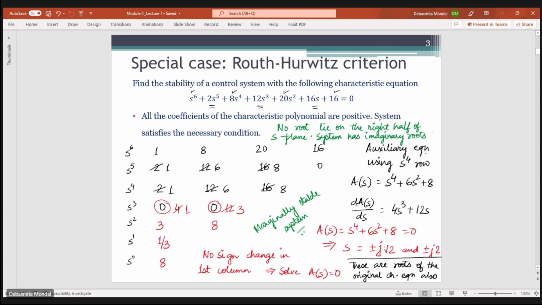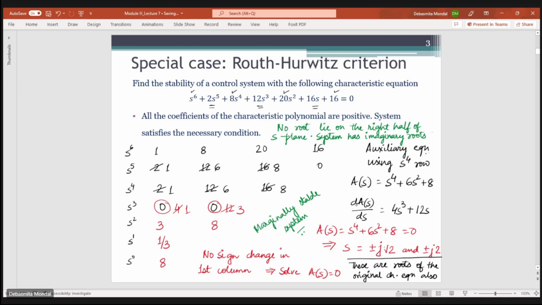Then you form the next rows. For S to the power 4, it will be 1 multiplied by 8 minus 1 multiplied by 6, divided by 1, which, if you don't divide the row, will be equal to 2.